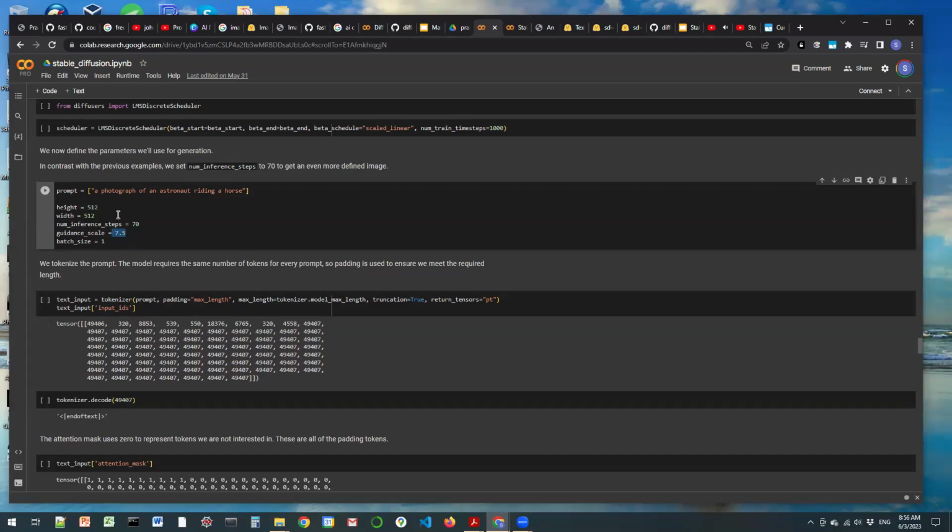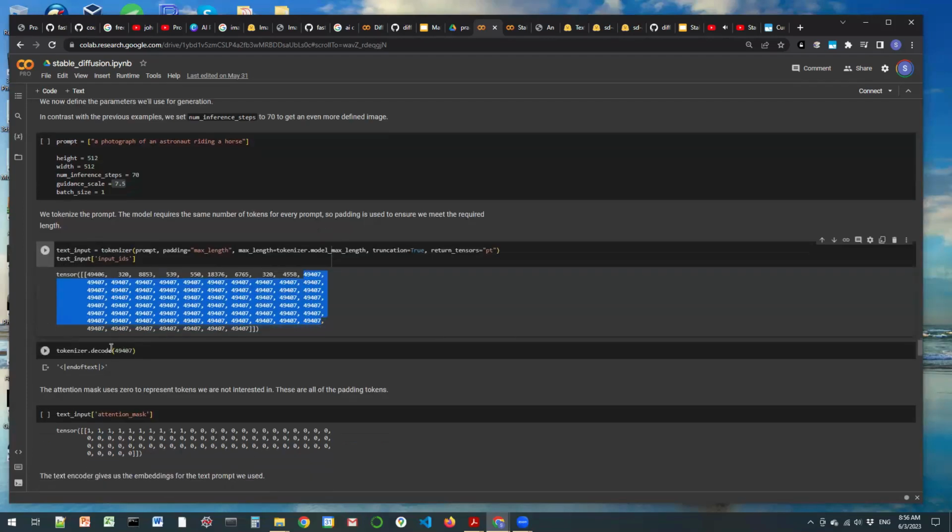Because this is a photograph of an astronaut riding a horse, there's only a certain number of words that get encoded. That's probably from here till 4558. After that, all the encoding all the way to the end is basically padding to match the maximum length of this particular encoder. And then you decode 49407, it begins to say end of text.